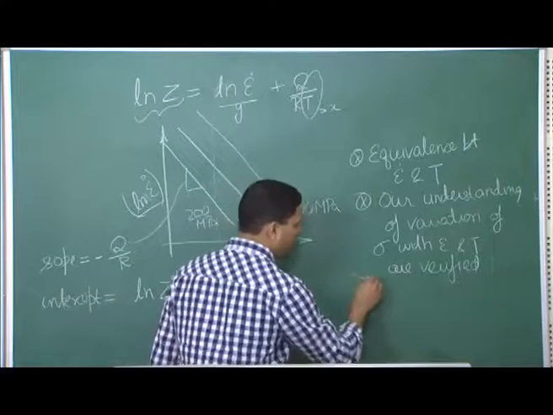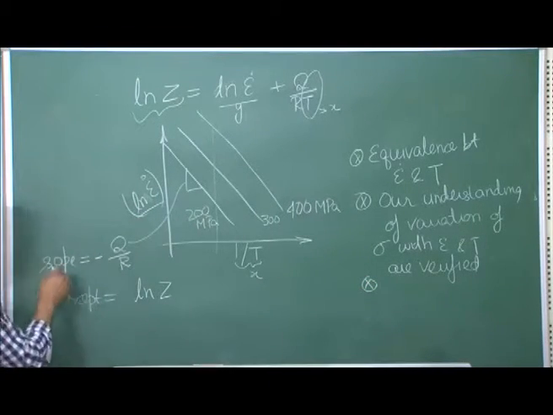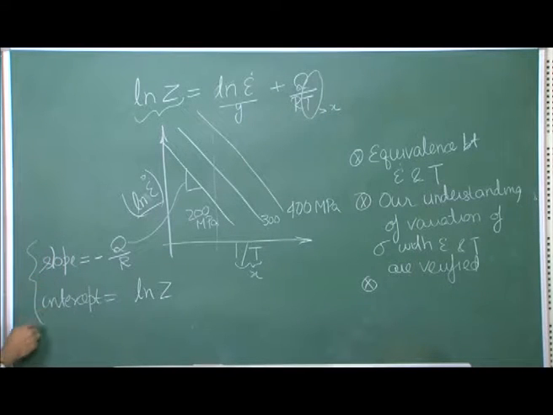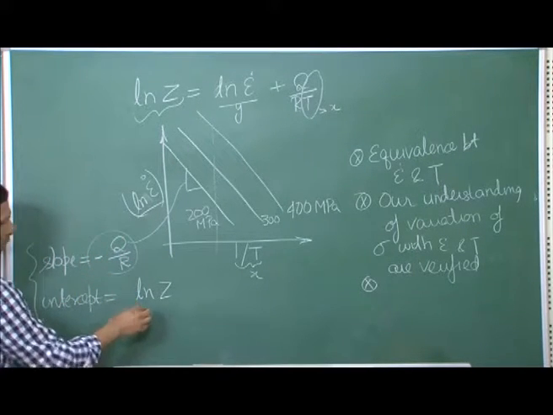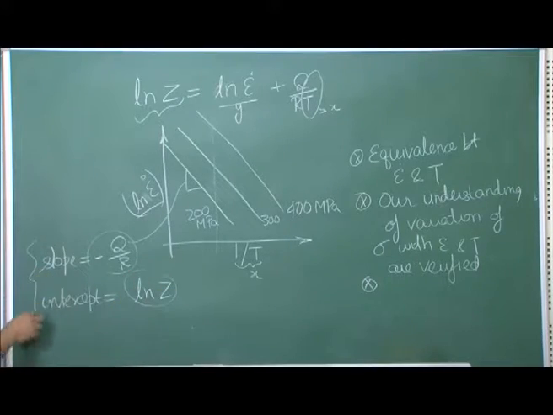And another important aspect is that we are able to get Q by R and ln Z from this slope and intercept.